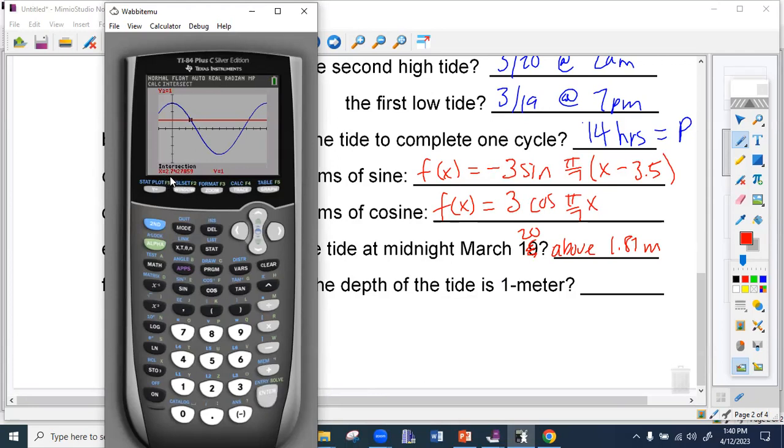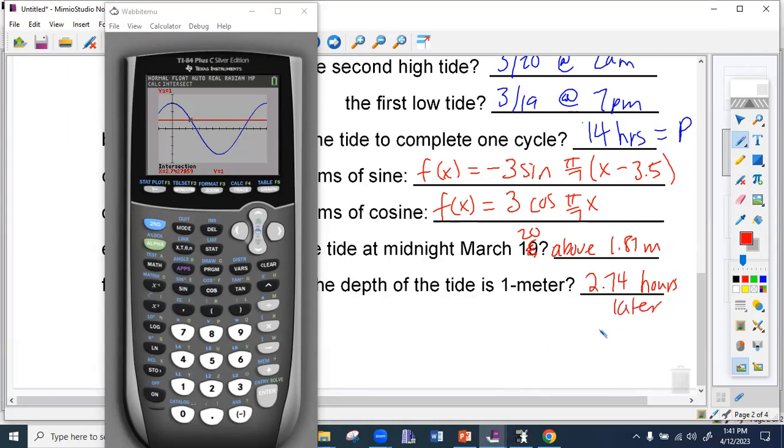What's that say? It says 2.742789. So we're going to put 2.74 hours afterwards. So what rough time is that?